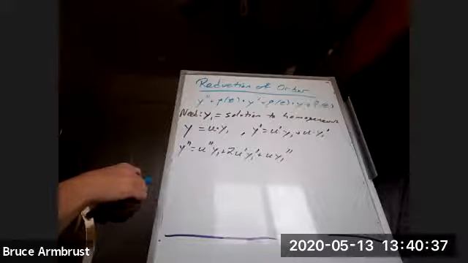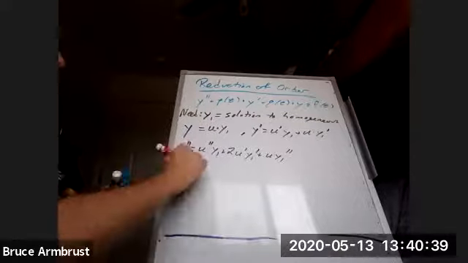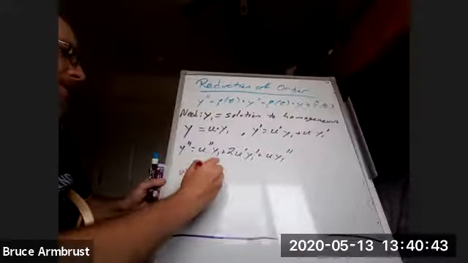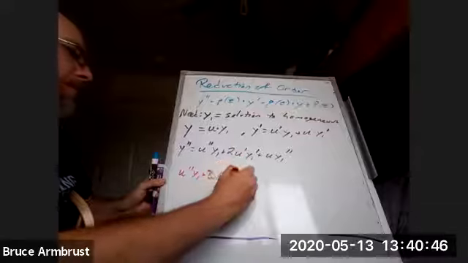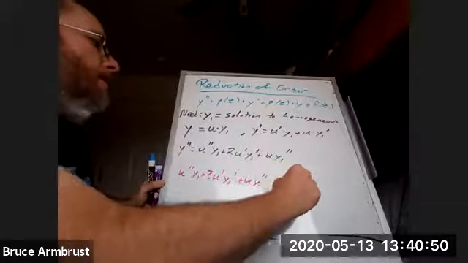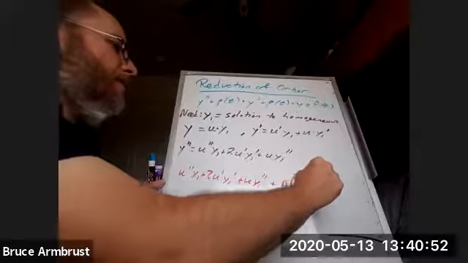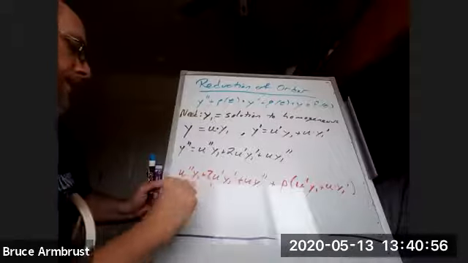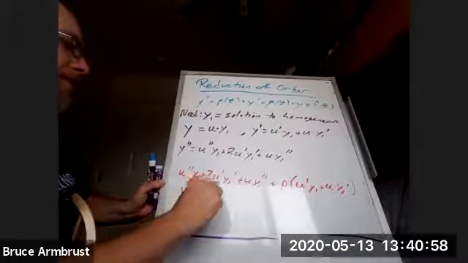Okay, so if we put this in, check out what happens. We get u double prime y1 plus 2u prime y1 prime plus u y1 double prime, plus p times u prime y1 plus u y1 prime, plus q times our original, which is u times y1.